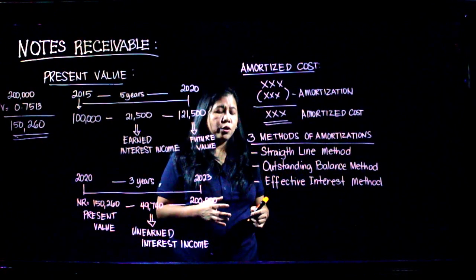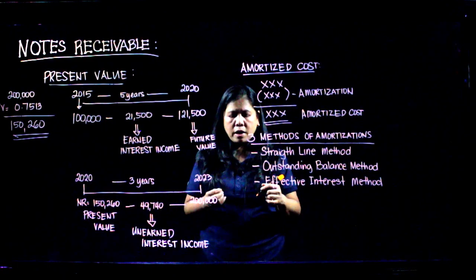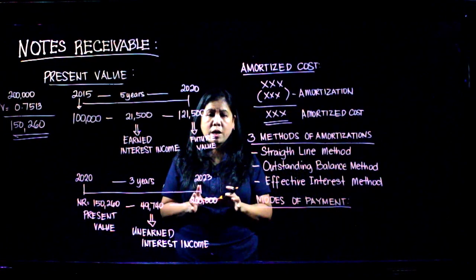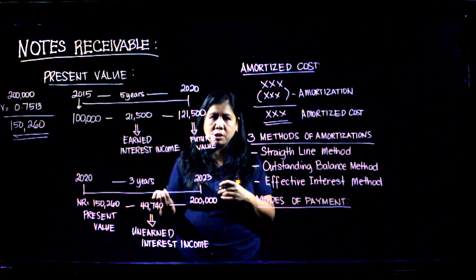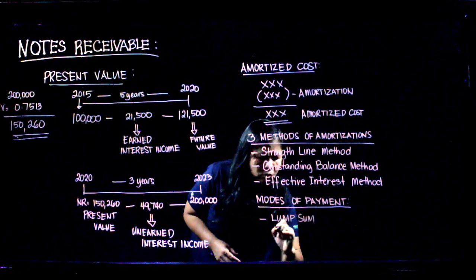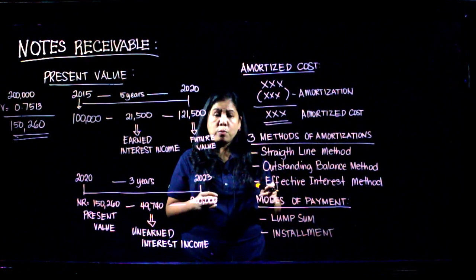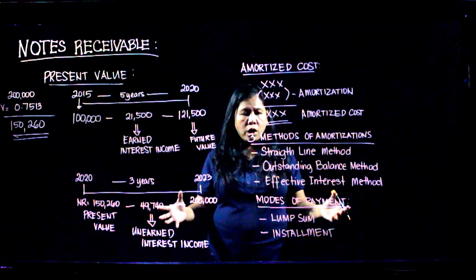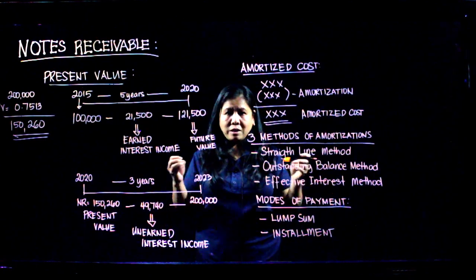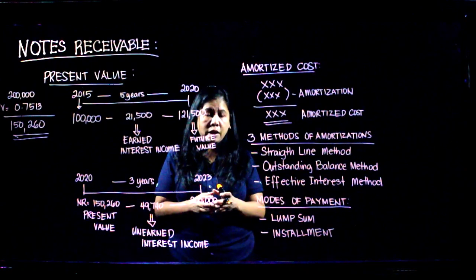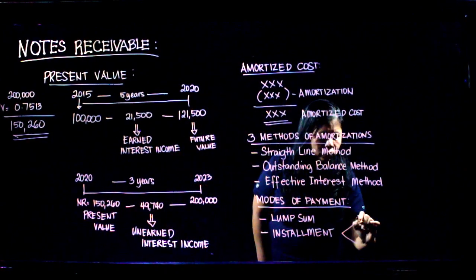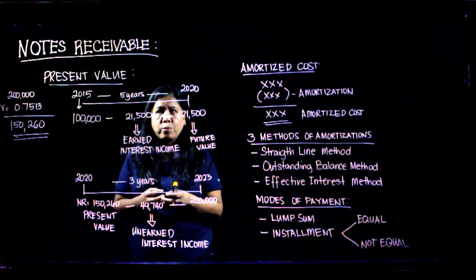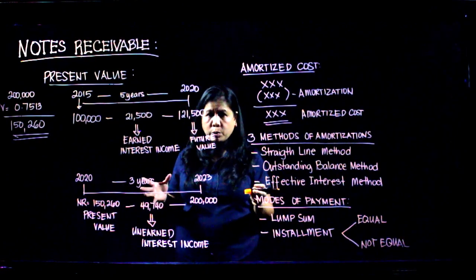Another thing I want you to learn is the modes of payment. We have two kinds: the lump sum and the installment. Installment can be an equal installment over the life of the notes receivable, or an unequal amount of payment over the life of the notes receivable. These are the things that we have to know when we deal with notes receivable problems, okay?